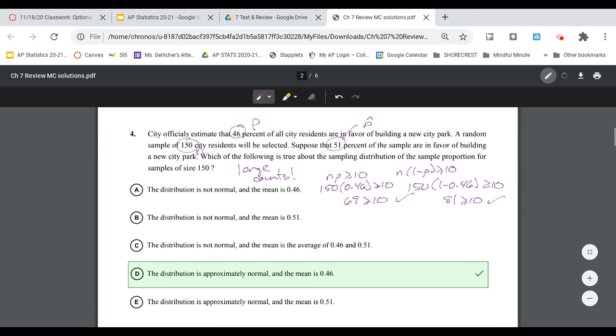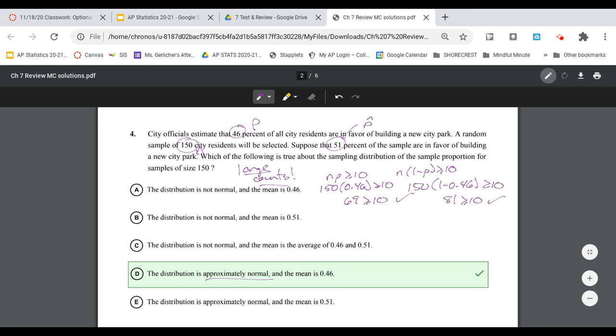Okay, so for number 4, again, I figured out my P and my P hat. This is asking about normality, which is one of the things. So that's large counts. We had to test out np greater than 10 and n(1 minus p) greater than 10. They're both fine. 69 and 81 are both bigger than 10, so we can say it's approximately normal.